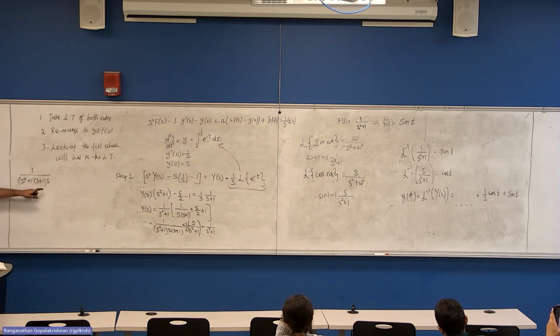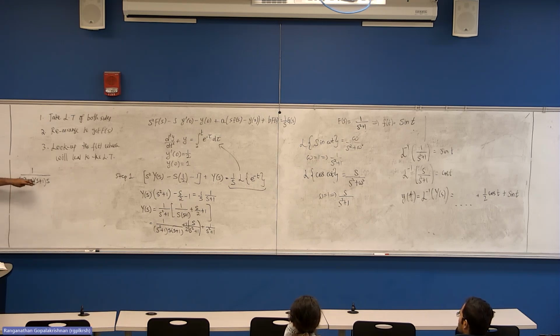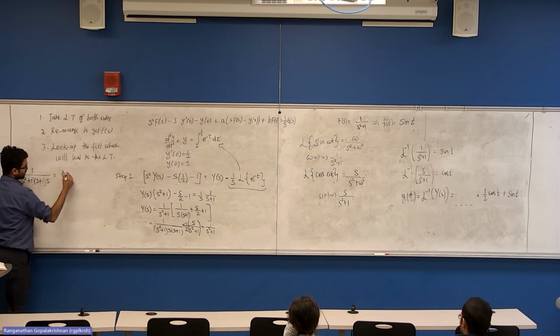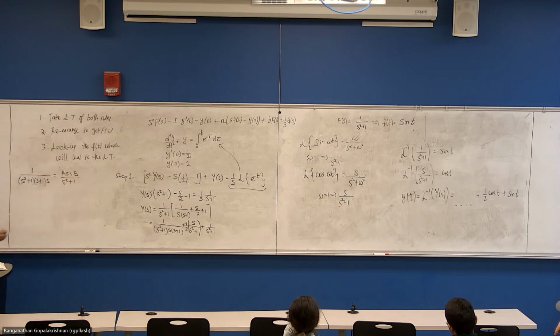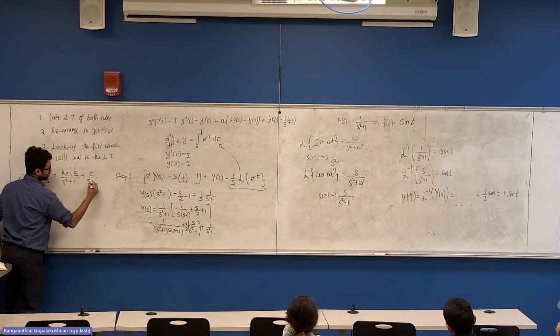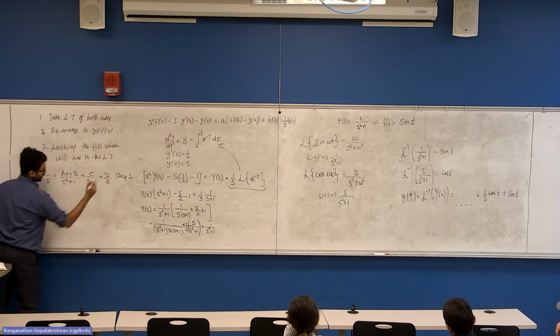The denominator is a product of 3 polynomials, so if you split this into partial fractions, you can say which 3 fractions will add up to give you this. You have a second order polynomial, a first order polynomial, and another first order polynomial. So we'll write this as (a s plus b) over s squared plus 1, plus c divided by s plus 1, plus d divided by s.